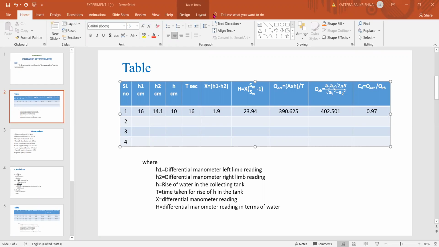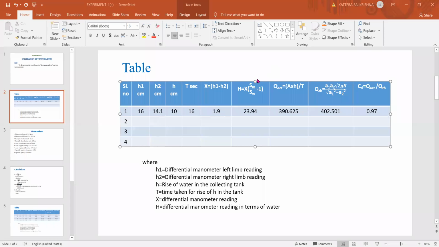Abhilash, 302. Abhilash, sir, have you copied the table?